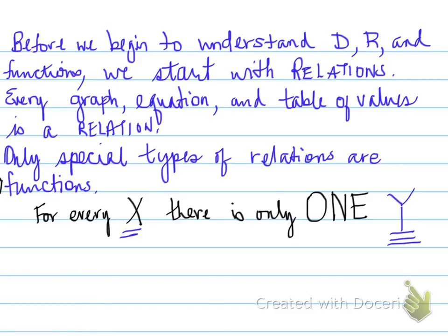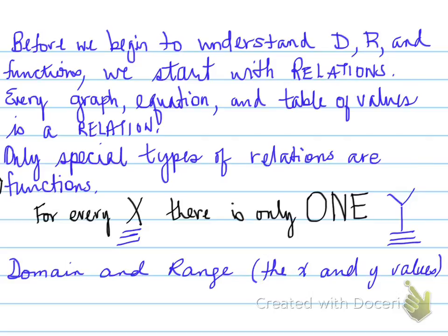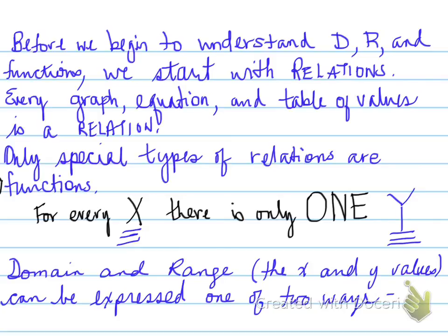Now, what else is to note is that domain and range can be stated both for functions and for relations. And these x and y values, x being the domain and y being the range, can be expressed one of two ways. So there are going to be two ways that you're going to learn.